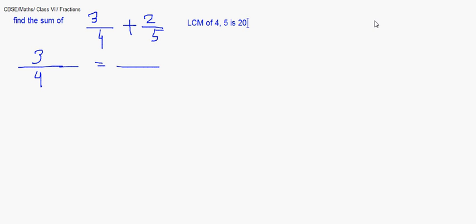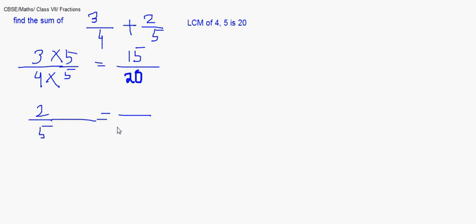Now we will convert these unlike fractions into fractions which have denominator 20. To convert 4 into 20, we need to multiply by 5, and I do the same thing in the numerator, thereby getting 15 upon 20. The other one is 2 by 5. That also needs to be converted to a fraction with denominator 20.